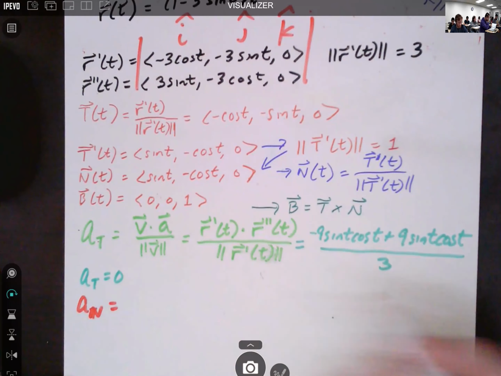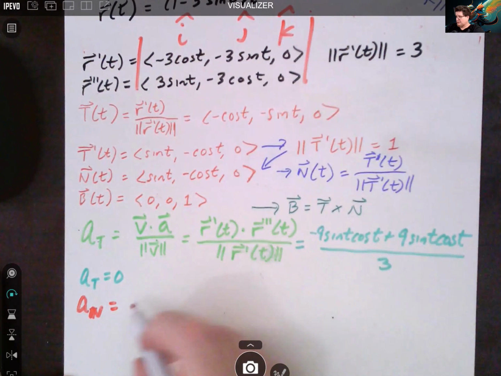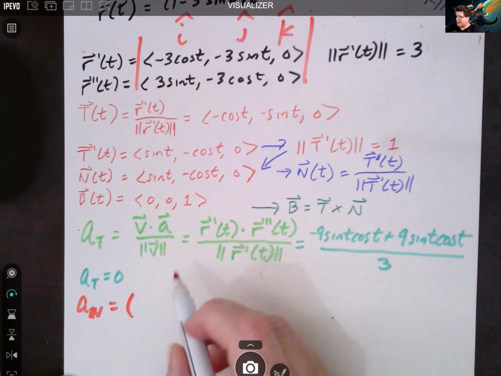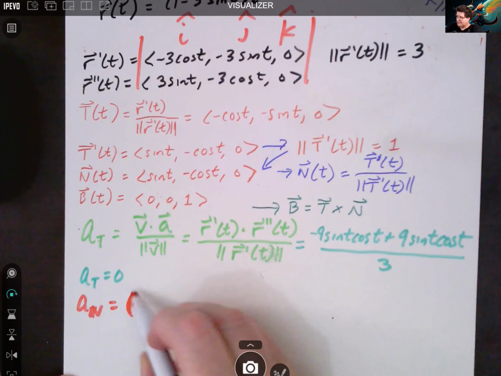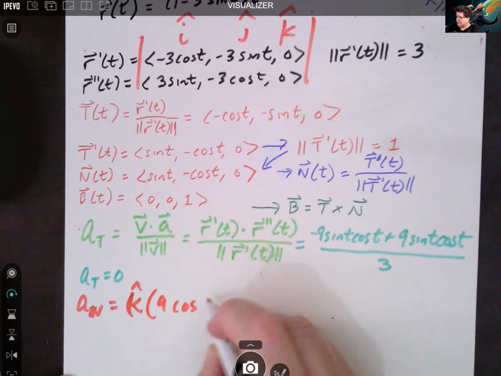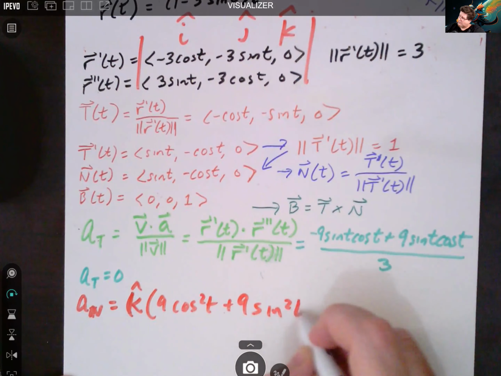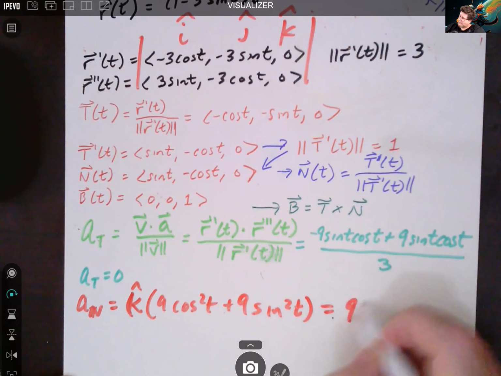Nothing in the j hat or i hat, nothing in the j hat, everything's in the k hat. And we got 9 cosine squared plus 9 sine squared, so 9k.